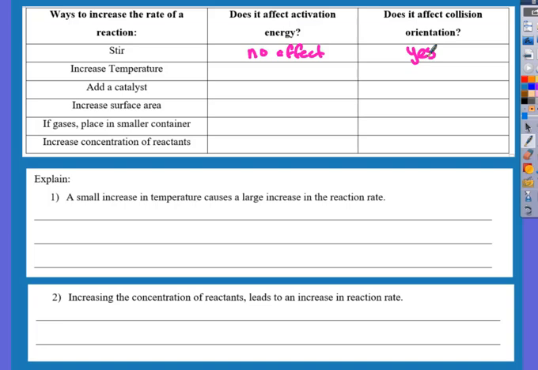If you increase the temperature, the molecules are going to be moving faster, so more of them are going to reach that required activation energy. They also collide more often, and if they collide more often, there's a greater chance they collide in the right orientation.